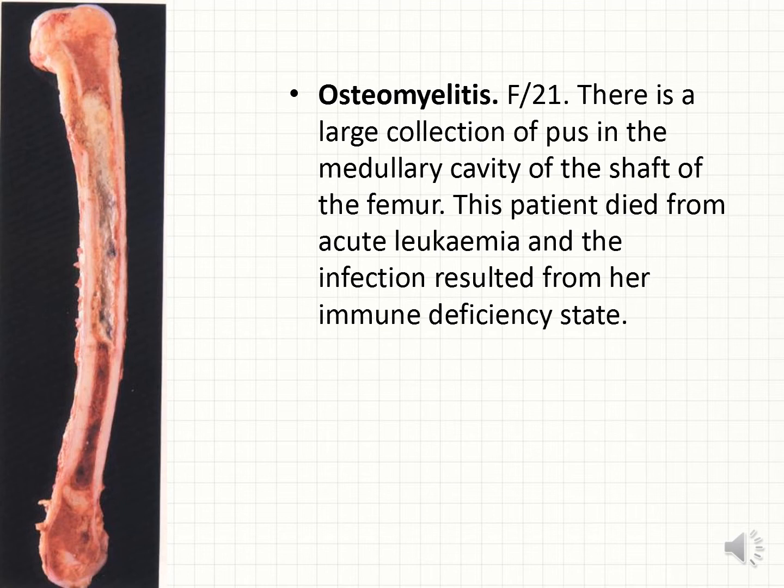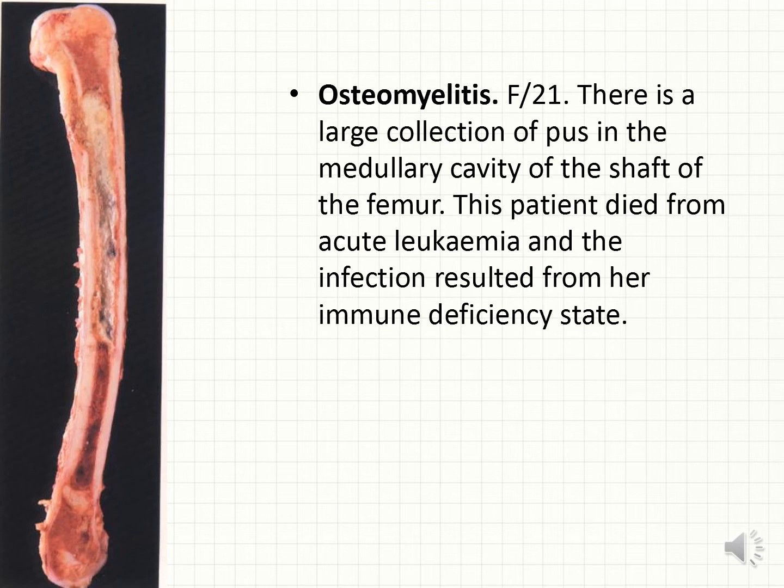Osteomyelitis, female patient, 21 years old. There is a large collection of pus in the medullary cavity of the shaft of the femur. This patient died from acute leukemia, and the infection resulted from her immune deficiency state. So this is one of the causes, the immune deficiency.